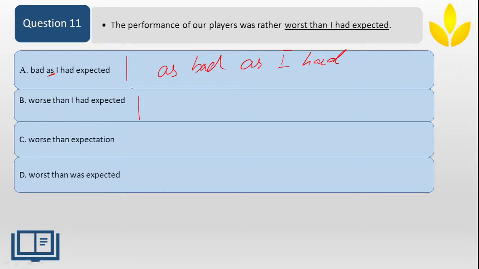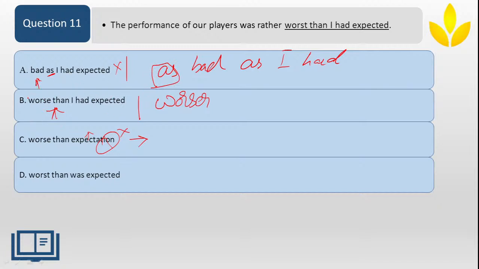"Worse than": if it is a comparative degree, you should have gone with "worse than I expected." Can I say "worse than expectation"? The word form is changing. It is not in past, so we cannot go with this one. This is also wrong because "as" is not given in the front; "as bad as" is a comparative.